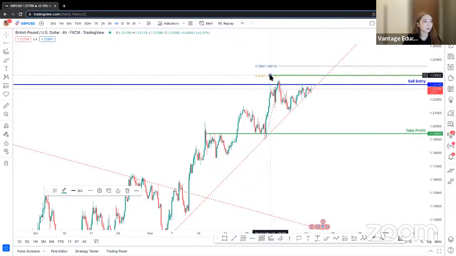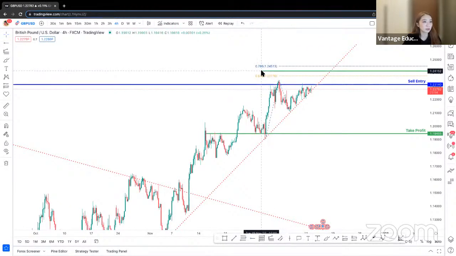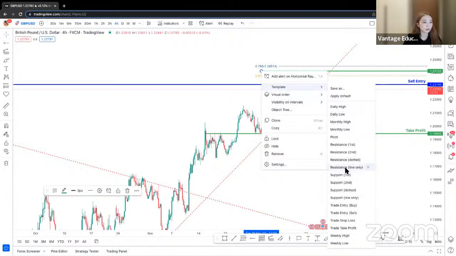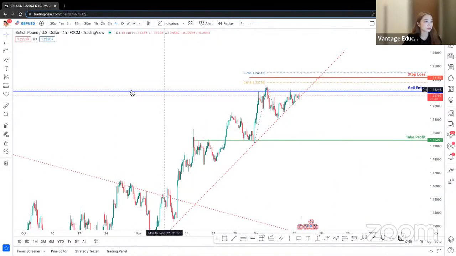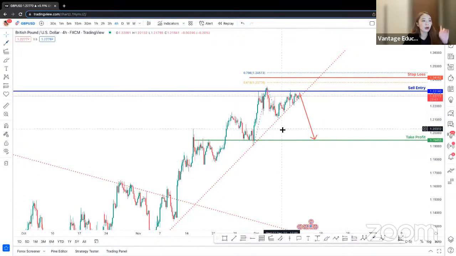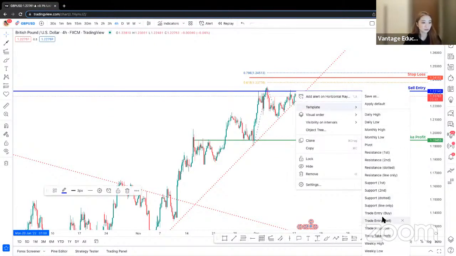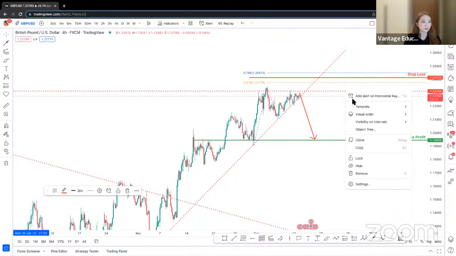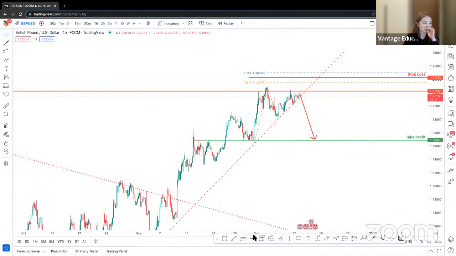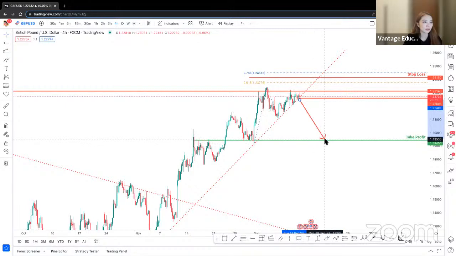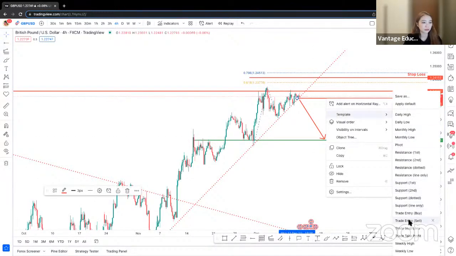Technically, I would put the stop loss really close, or you guys can put it between 78.6 or 61.8. Okay, so we are looking at a potential drop down.